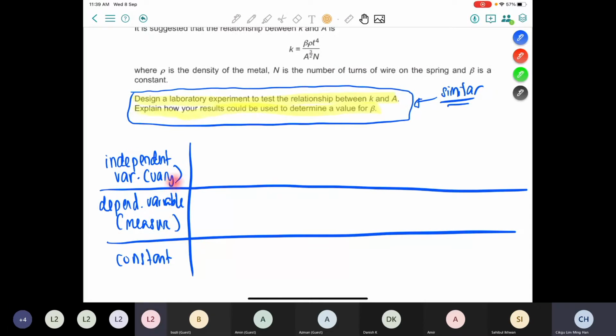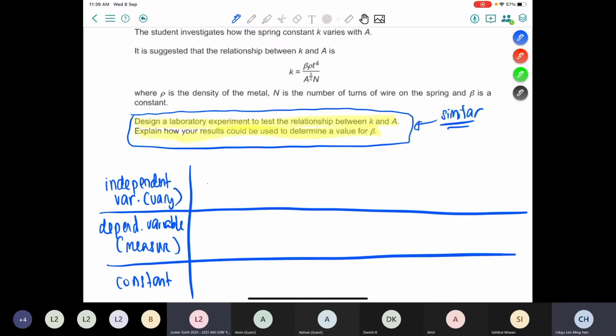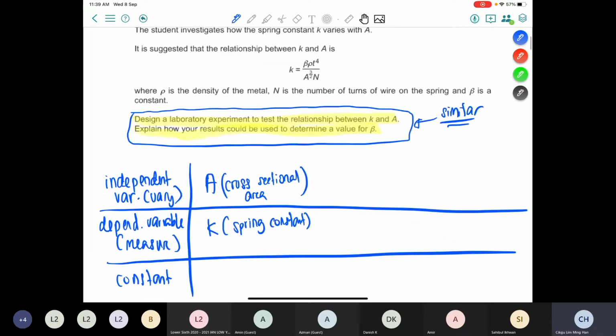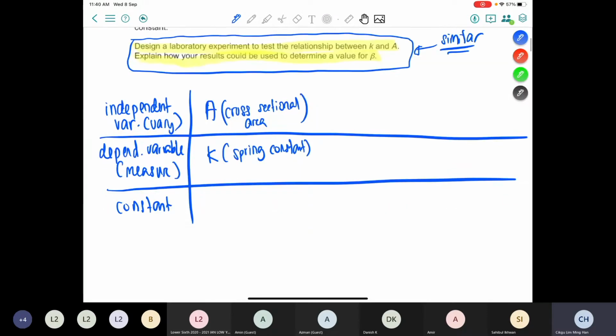Independent variable is cross-sectional area, A. Dependent variable is the spring constant, K. All right, so these are the two things that you need.